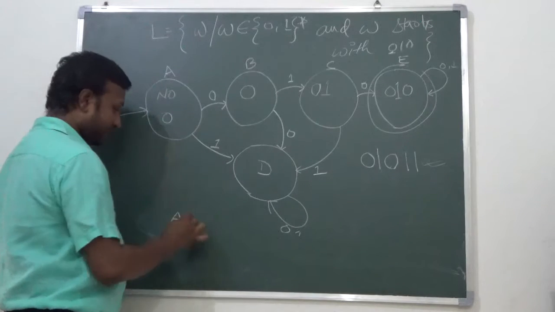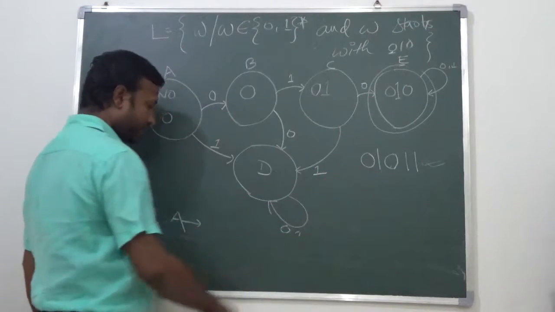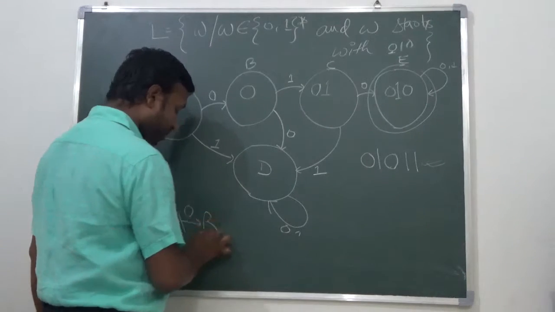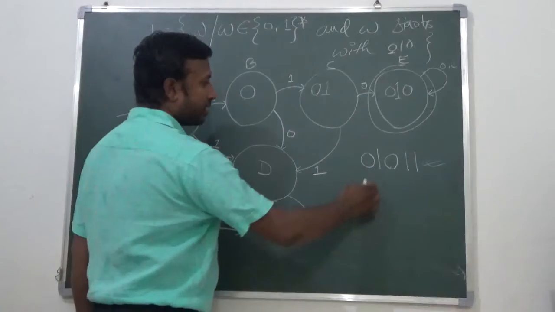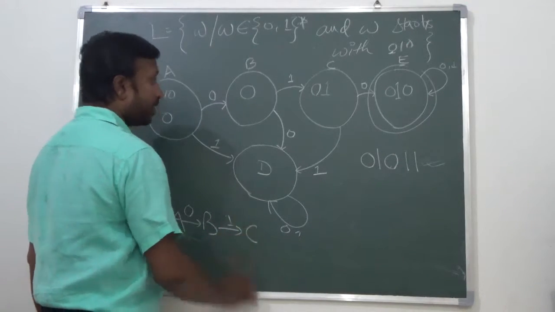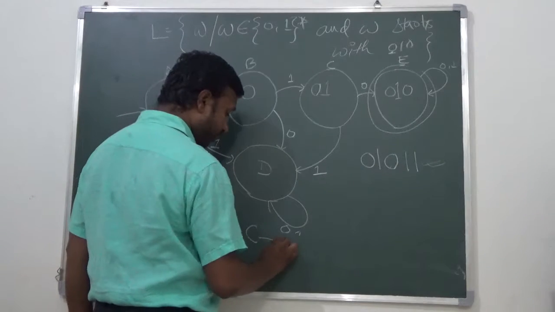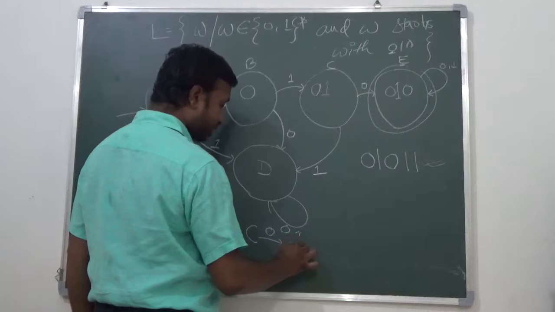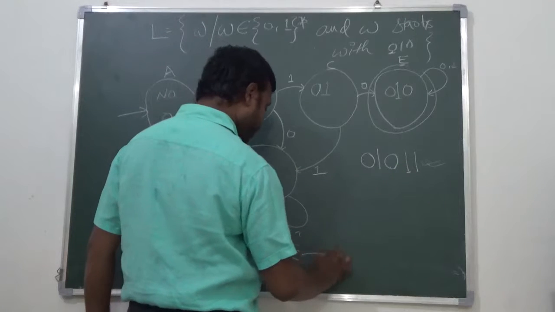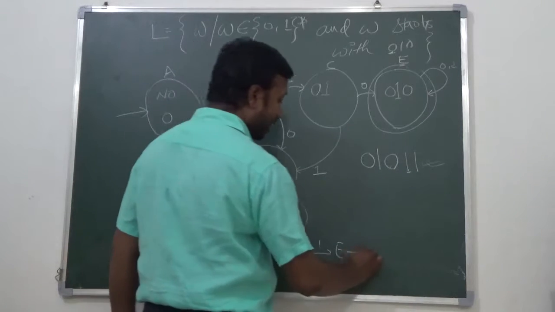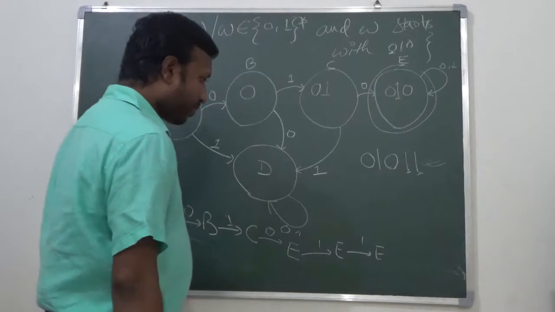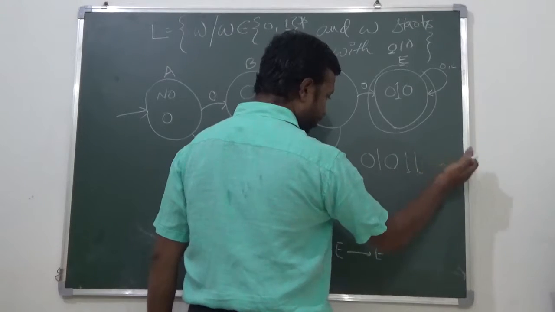A, that is the start state, and it's time to process this first 0, so we go to the state B. Then time to process the second 1, and it goes to the state C. Then processing this third 0 and going to the state E, then processing this 1, E, and finally processing this 1, going to the state E. After processing the final 1, there is no more symbol to process.